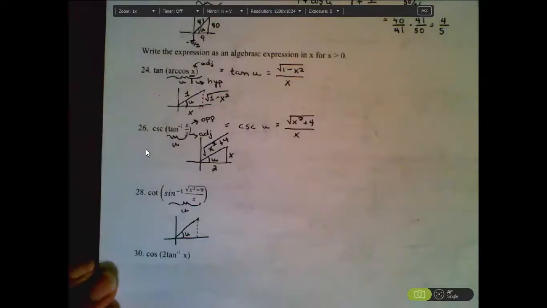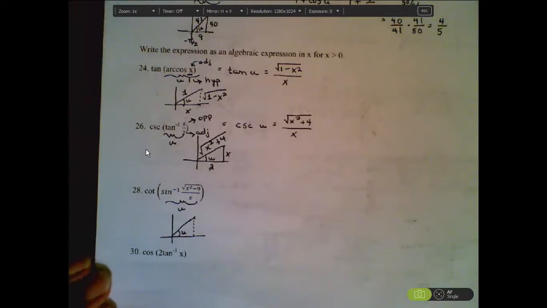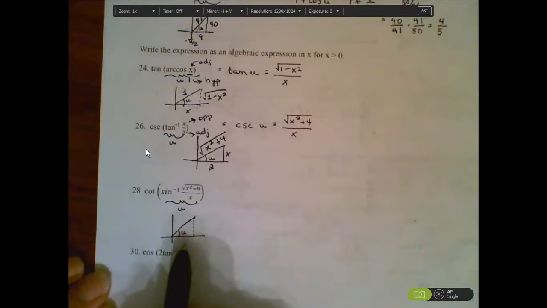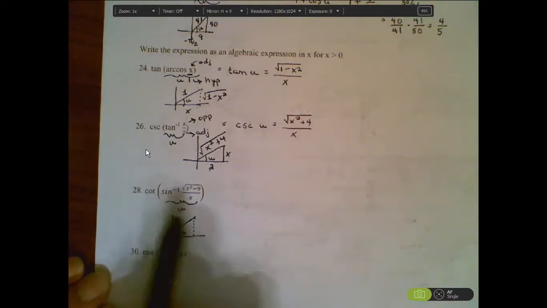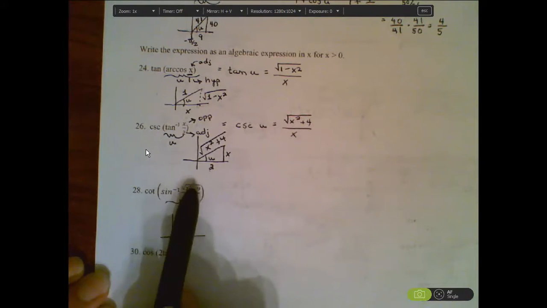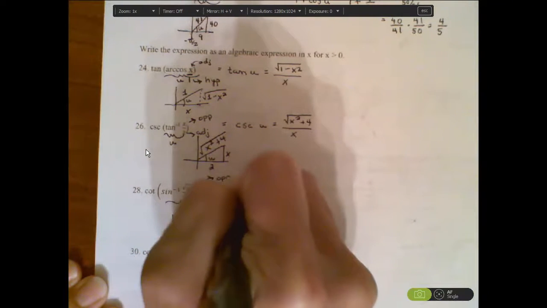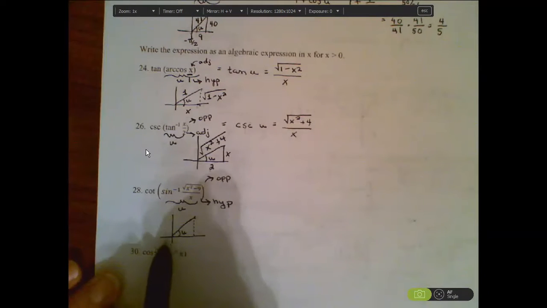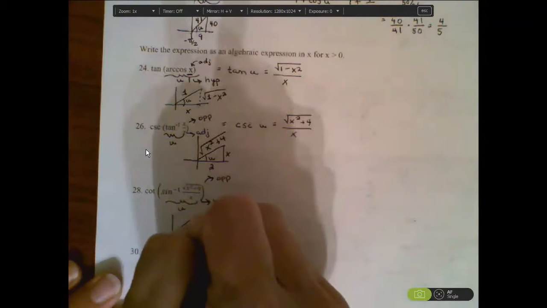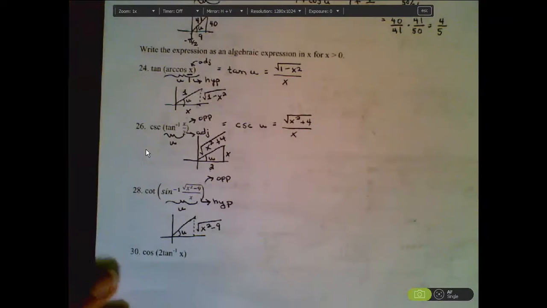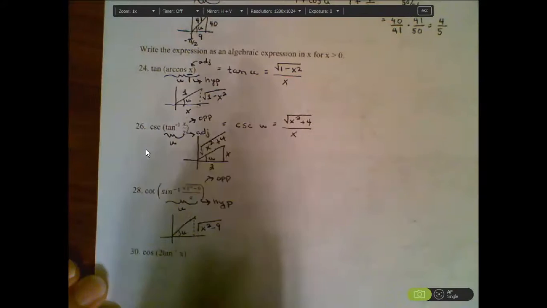Drop a vertical line down to the x-axis and label this triangle so that the sine of u would be square root of x squared minus 9 over x. Sine is opposite over hypotenuse. So that means the side opposite u is square root of x squared minus 9. And the hypotenuse is x.